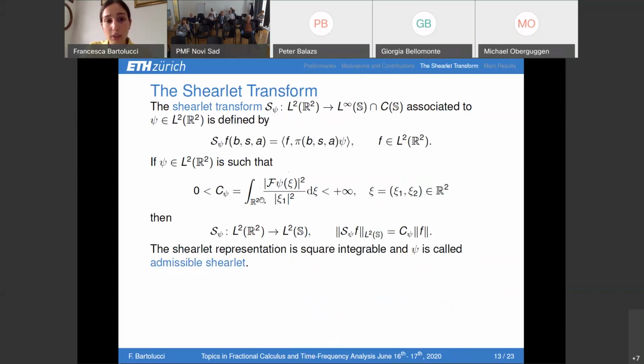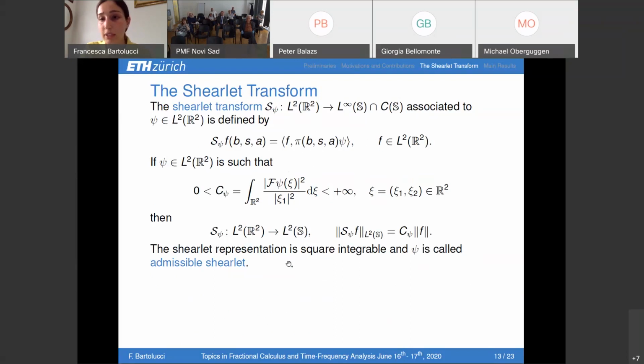It is well known that if the window psi is such that the following admissible condition is satisfied, where here f hat is the Fourier transform in L2(R^2), then the Shearlet transform is a non-trivial multiple of an isometry from L2(R^2) into the space of square integrable functions on the Shearlet group.